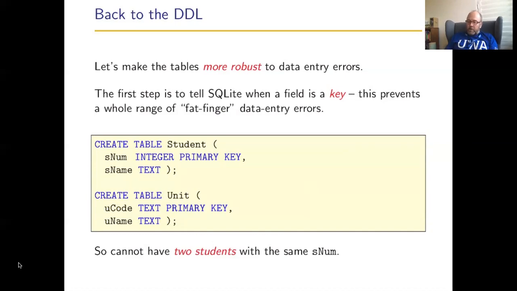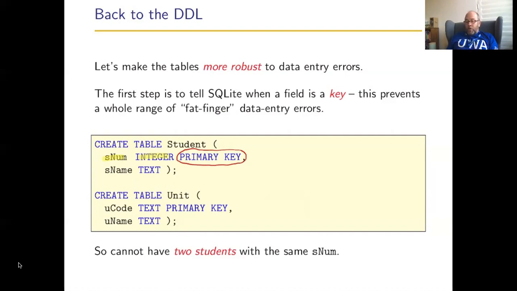Okay, so here's an additional feature of the DDL. After you've declared a variable to have a name and a type, you can also indicate that it is intended to be the primary key for this field.